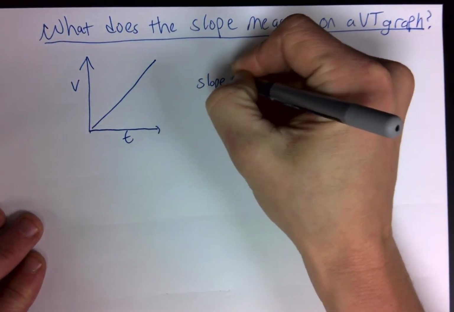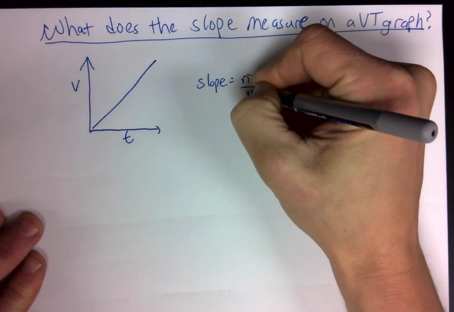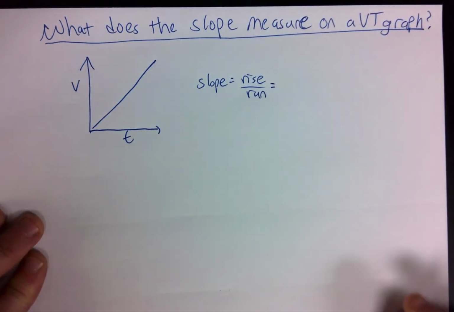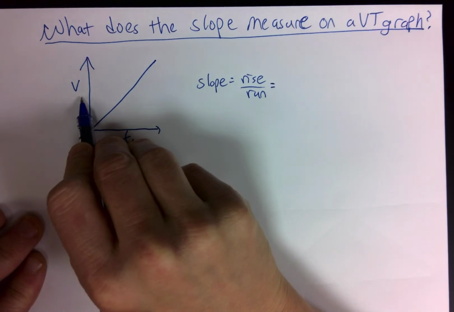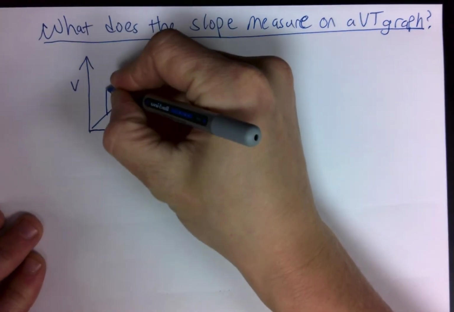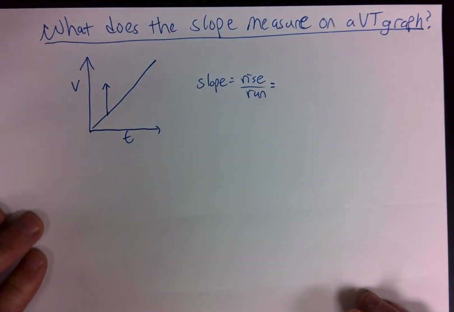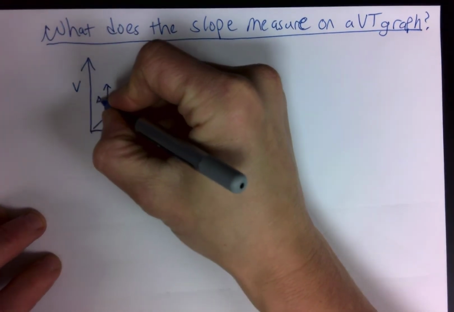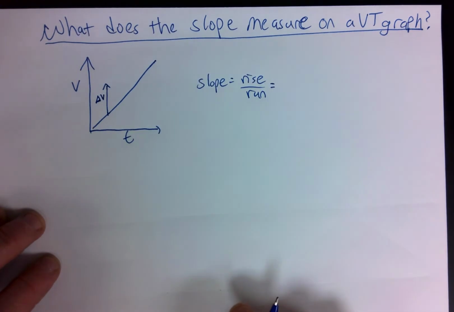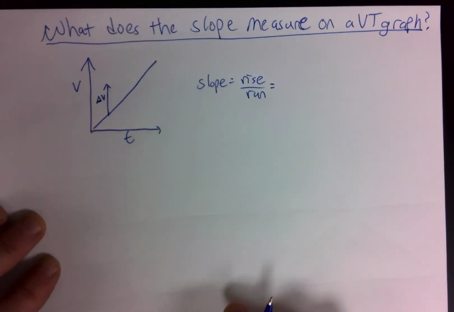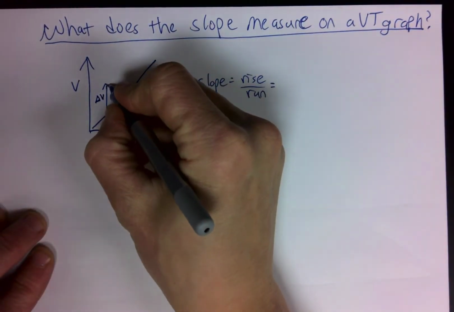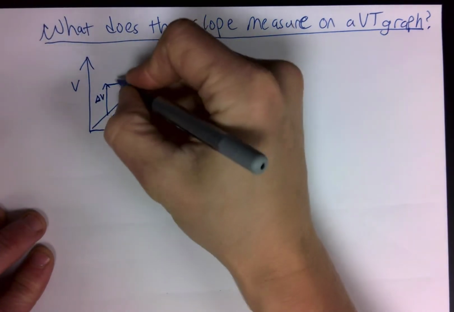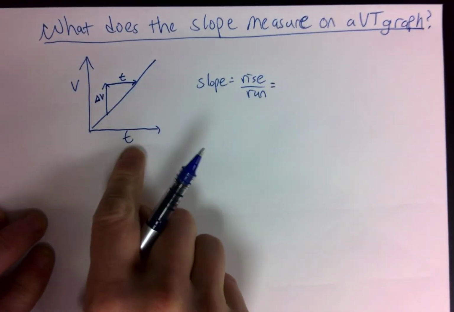The slope is always rise over run. Now, instead of rise, that has to do with the y-axis. So that means the rise is when the velocity goes up there. So it's a change in velocity, delta V. And the run over this way is going to be like the x-axis.